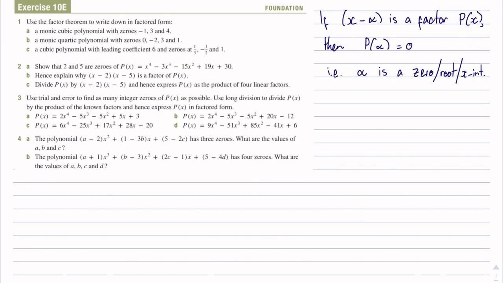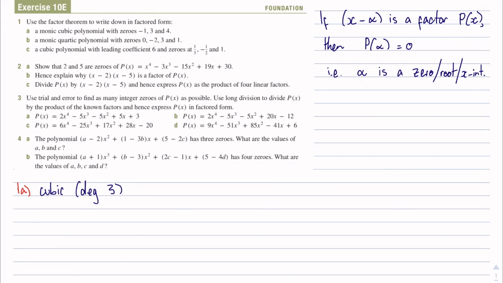So let's actually have a look at question 1. They've asked us to write down in factored form a monic cubic polynomial with zeros. They've given us 3 zeros and it's cubic. Because it's a cubic, it means it's degree 3, because it's got something x cubed and everything else is smaller than that.